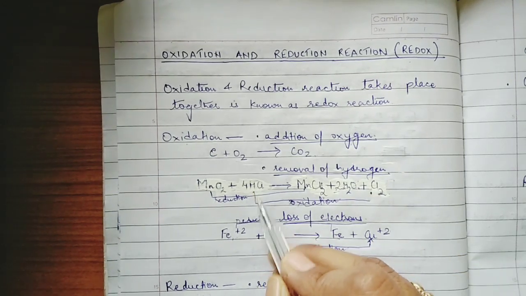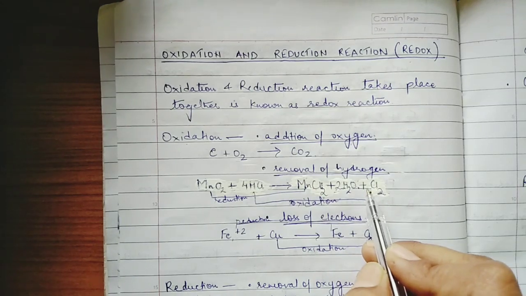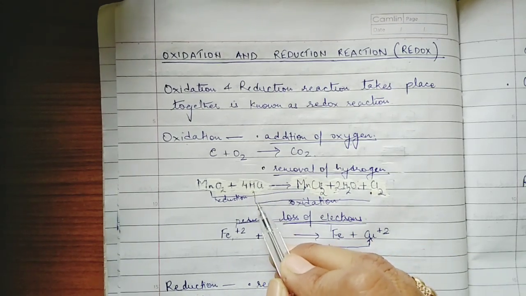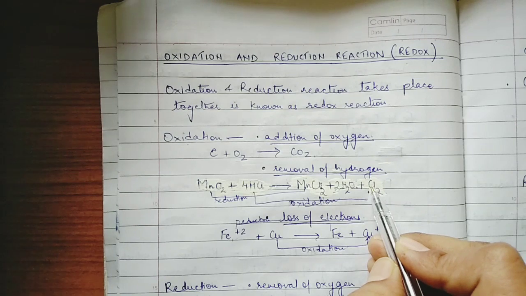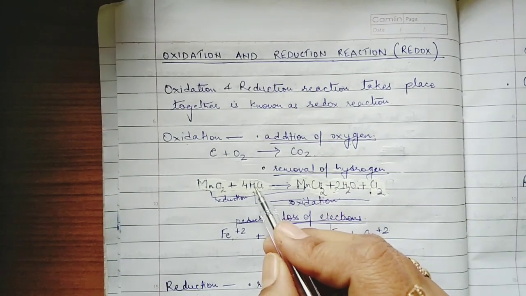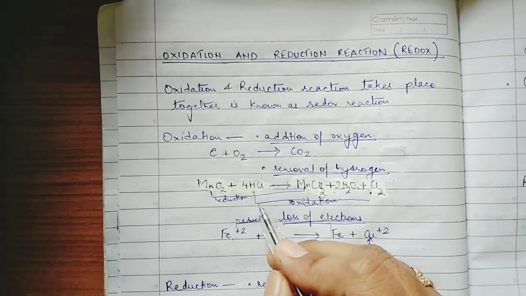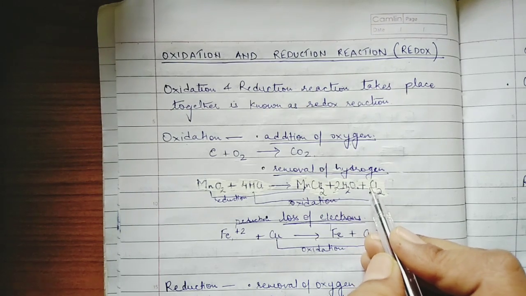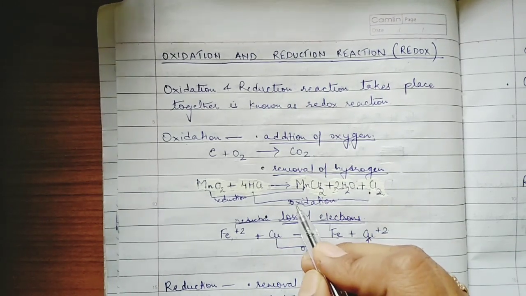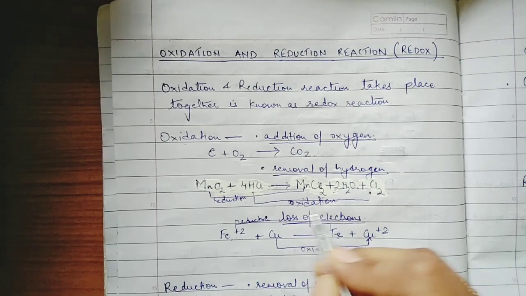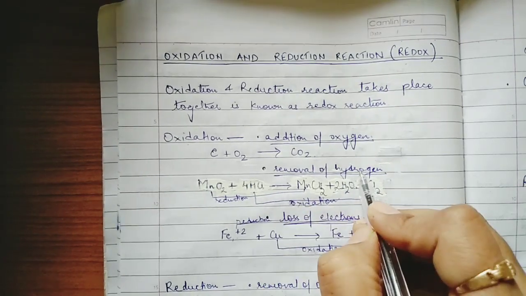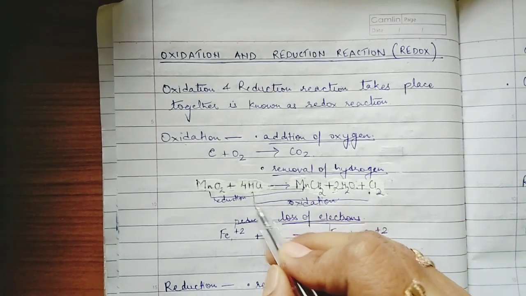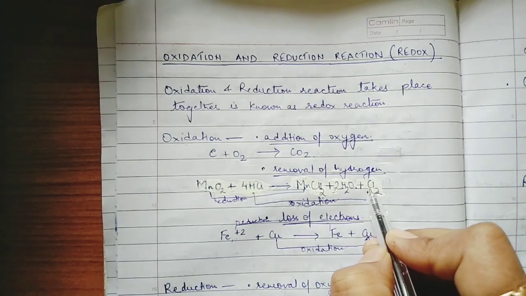Hydrogen got removed from HCl, and thus HCl became Cl2. So, we can say that HCl getting converted to Cl2 is an example of an oxidation reaction. Why? Because there was removal of hydrogen. So, HCl was undergoing oxidation.